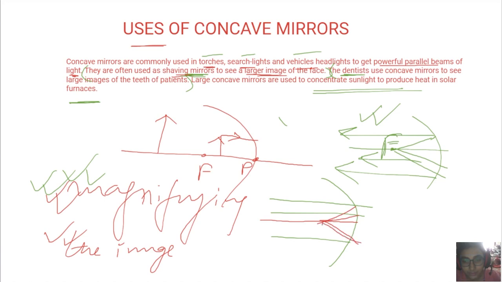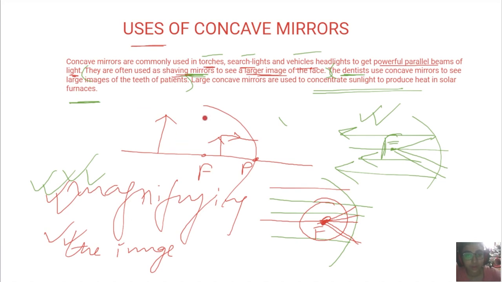So imagine if you keep a solar furnace here and all the sunbeams are coming and getting converged here, then we'll be able to produce a huge amount of solar energy, and then we can convert it into electrical energy and use it. So that is the main principle of the solar panels that are kept on top of houses. It is this logic only.